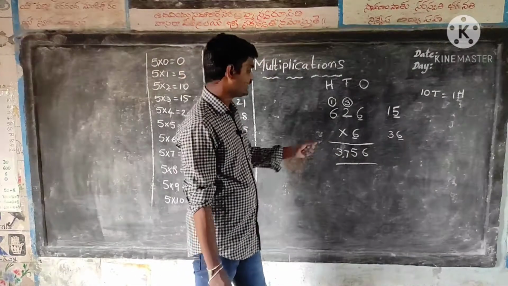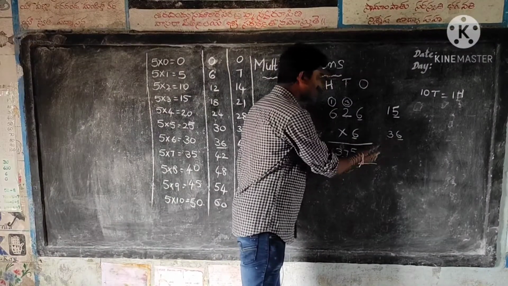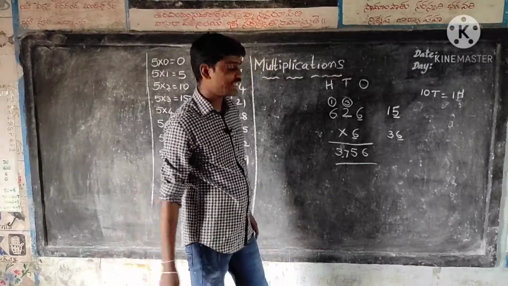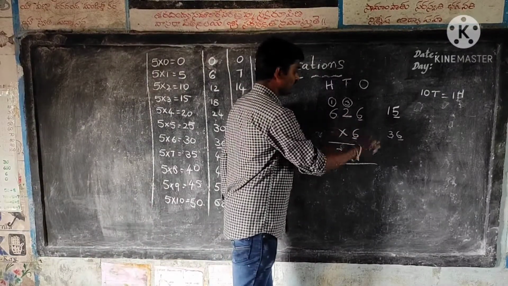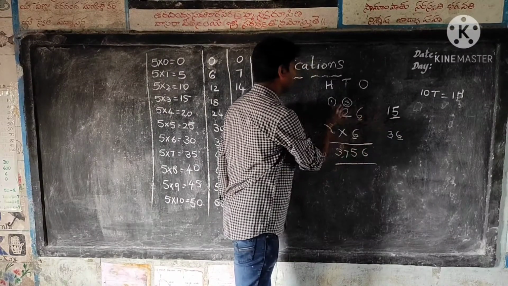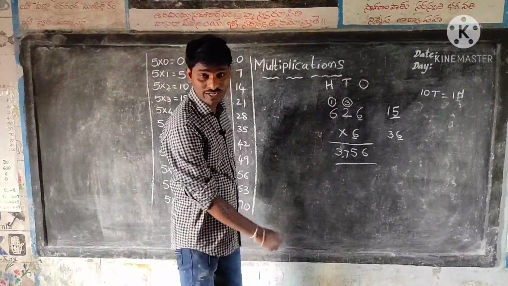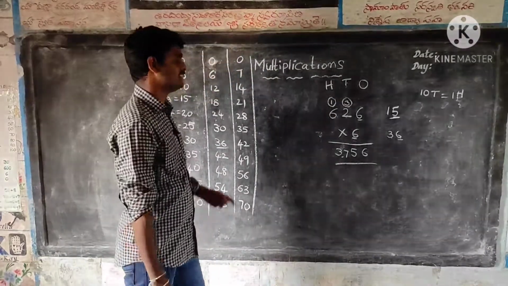Okay beta? First I multiplied 6 sixes are 36, 6 here and 3 is the carry. Then 6 twos are 12, 12 plus 3 is 15, 5 is here and 1 is the carry. And 6 sixes are 36, 36 plus 1, 37.